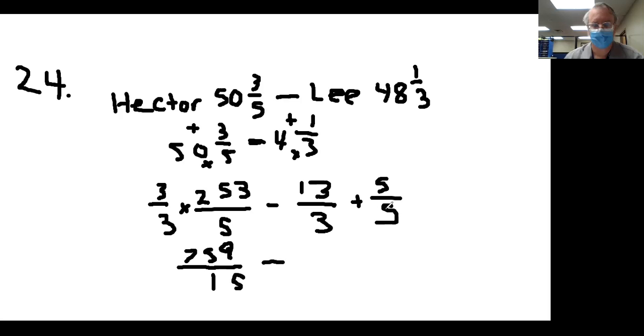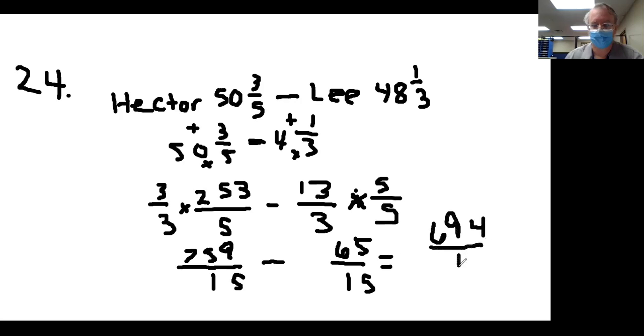Minus 13 times 5 is 65 over 15. Now you have like denominators. You can do subtraction. So 759 minus 65 is 694 over 15.